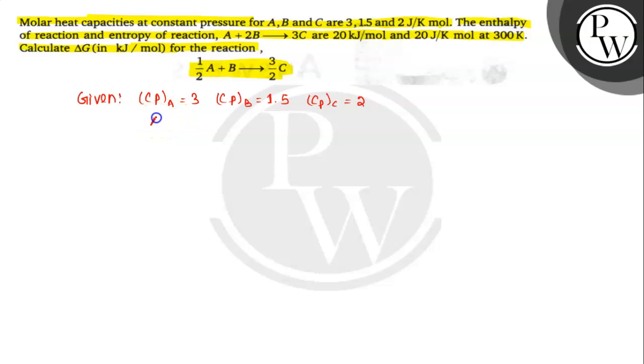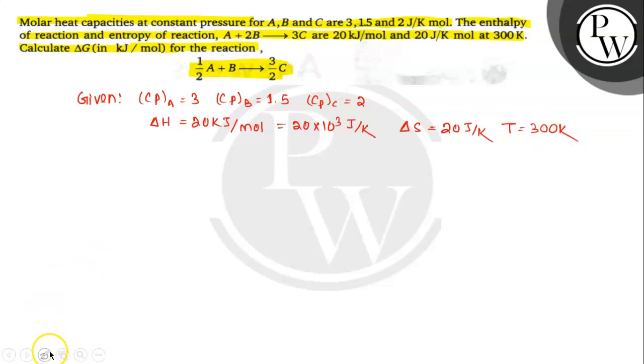Also enthalpy is given, del H is 20 kilojoule per mole, or we can write it as 20 into 10 to the power 3 joule. And entropy is given, del S, which is 20 joule per Kelvin. And temperature is given as 300 Kelvin. Now from this information you have to find out the value of del G.